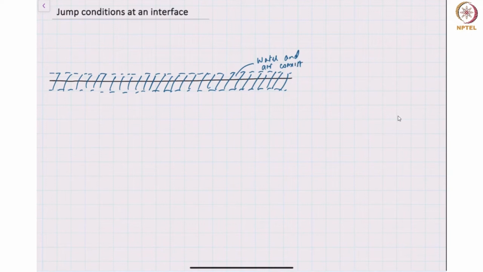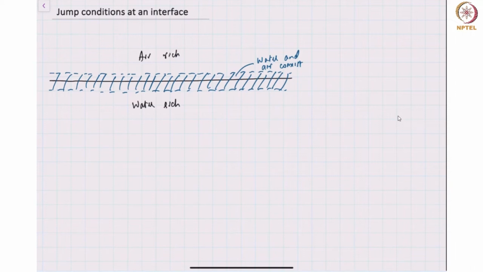Above that region we have an air-rich region, and just below it, a water-rich region. So you can say an interface separates the water-rich region from the air-rich region.